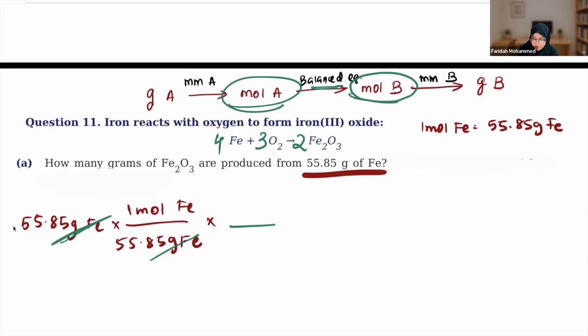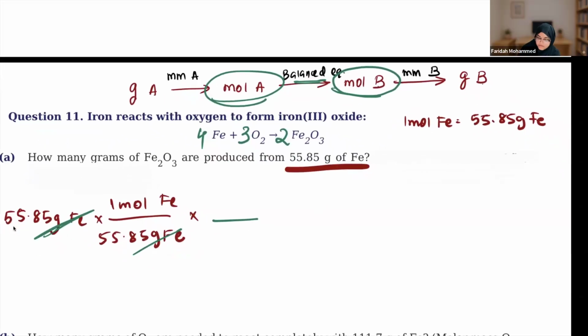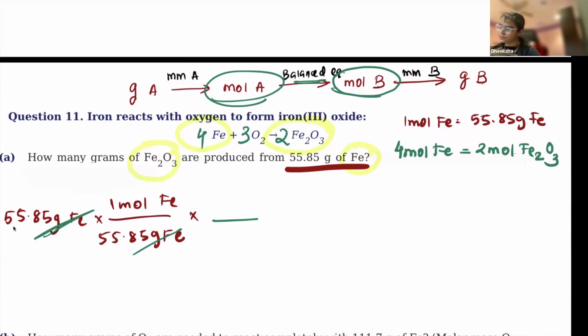Let's write the relation first. Because we want to go between iron and iron 3 oxide, we're going to circle them and write them down. 4 moles of iron equals 2 moles of Fe2O3.